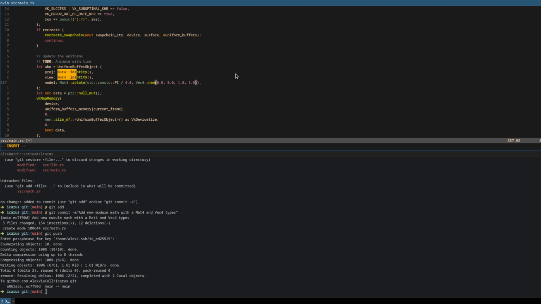Wait, rotate didn't take a vector 4, it took a tuple with just the 3 coordinates, which makes more sense.